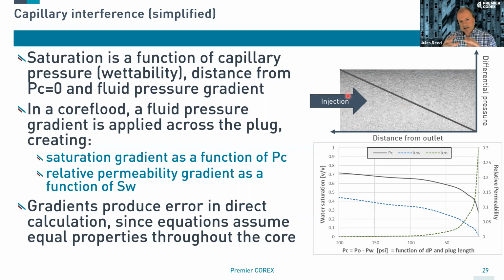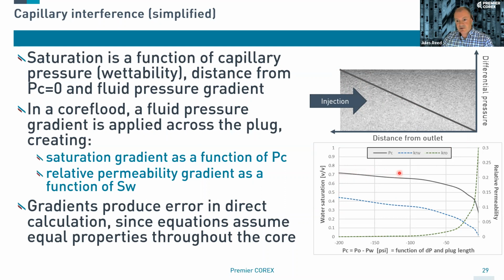What's happening is it's setting up a pressure gradient, a fluid gradient within our sample, and that will control saturation. Saturation is a function of the forces applied and the capillary forces holding against those displacement forces. And so we have a pressure gradient across the sample that will produce a saturation gradient across the sample.